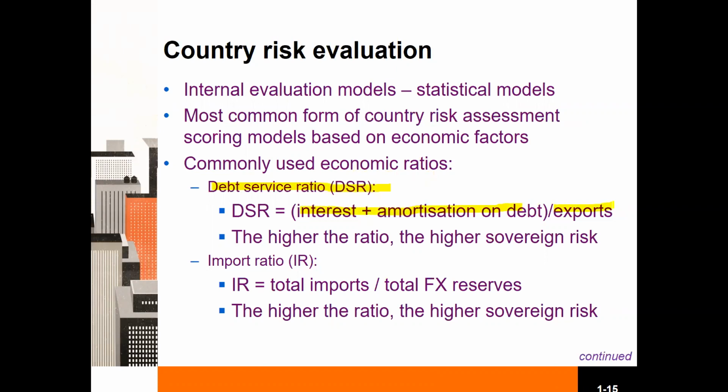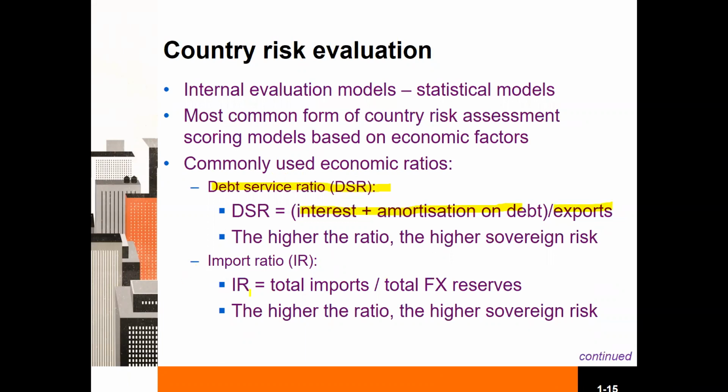The larger the debt repayments in hard currencies are in relation to export revenues, the greater the probability that the country will have to reschedule its debt. Thus, there should be a positive relationship between the size of the debt service ratio and the probability of debt rescheduling. It means that the higher the debt ratio, the higher the probability of debt rescheduling.